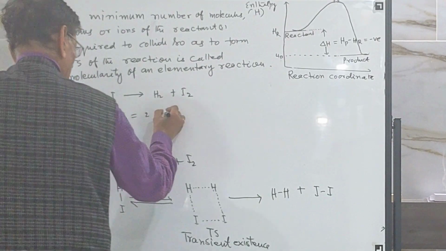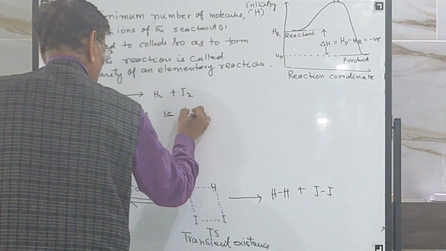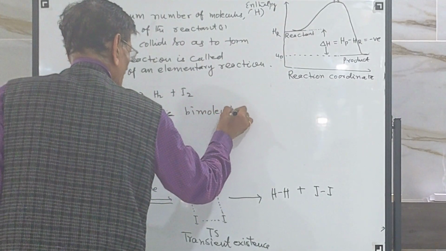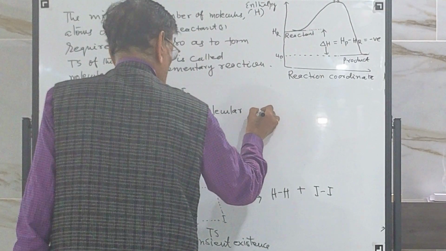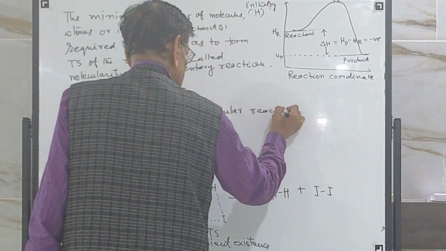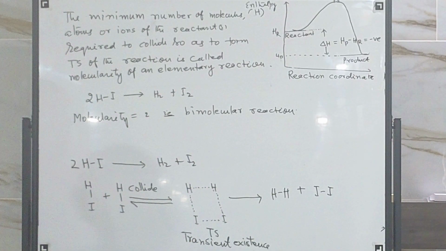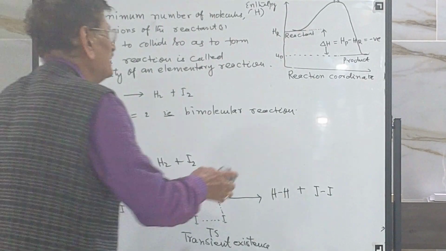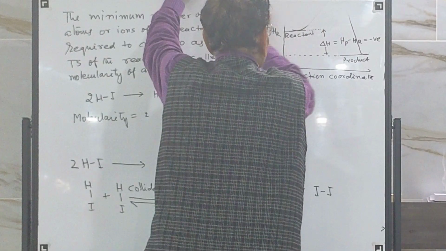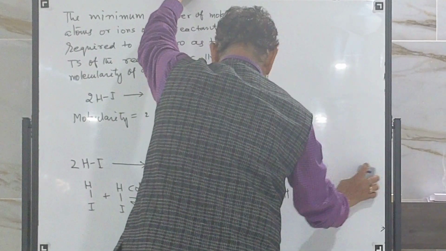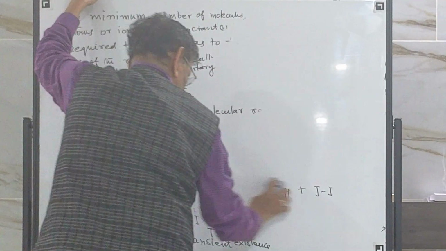That is, it is known as a bimolecular reaction. The molecularity of this reaction is 2. It is an elementary reaction. Now we have to see what is the molecularity of a complex reaction.